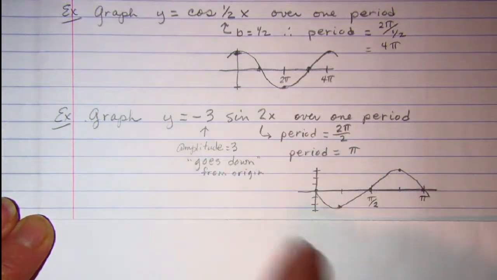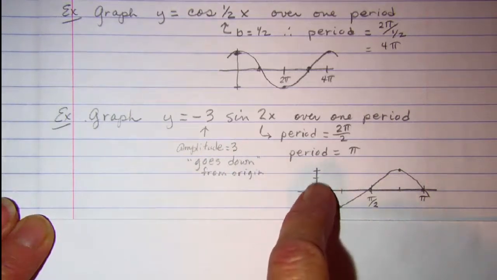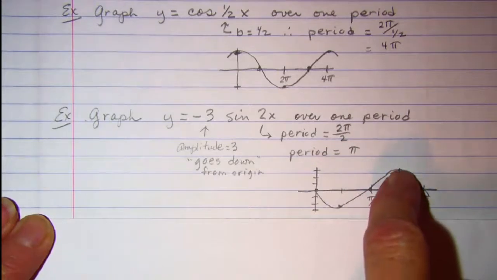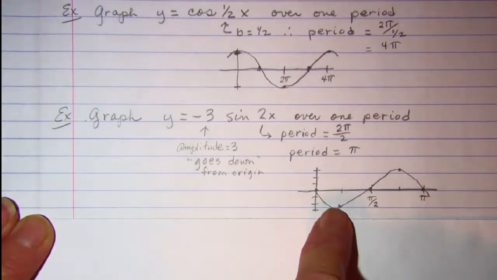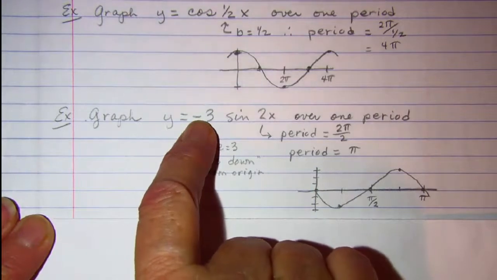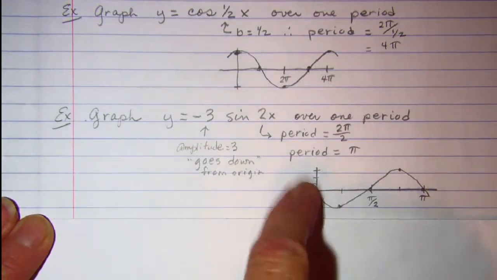And we're going to have an amplitude of 3, which means I need to mark off a maximum of 3. So when I hit my maximum point, it will be at 3, and a minimum at -3. And then also because the coefficient is negative, I have to head down from the origin rather than up.